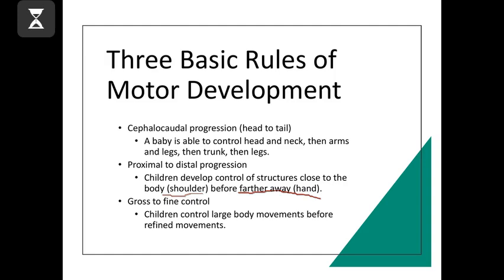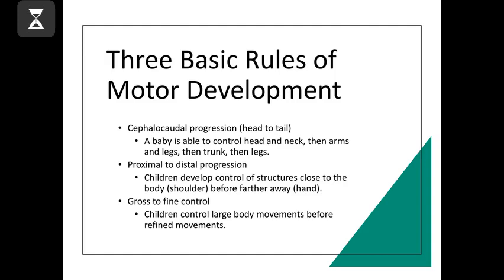Make sense? That means they're going to develop gross motor control to fine motor control. Children control large body movements before they refine their movements. And the example the textbook gives on this is children are able to catch a large ball using both arms and the body before they can catch a small tennis ball with one hand.